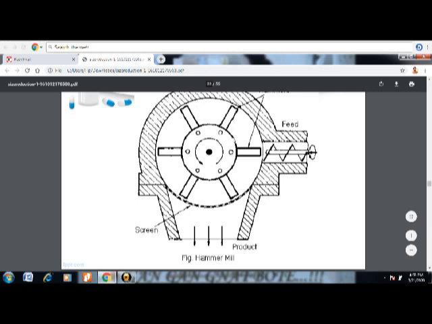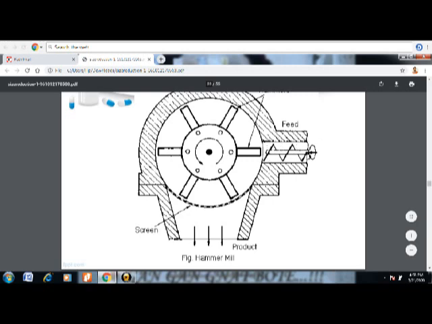Now see here, on one side of this metallic shaft there is an entry for the feed. This is called the feed inlet. Towards this feed inlet, a screw conveyor is attached. See, this is the screw conveyor which is attached at the entry of this metallic shaft.